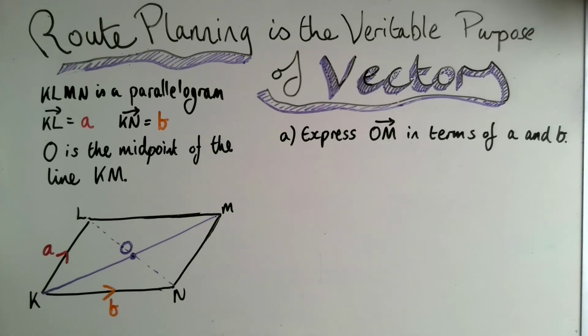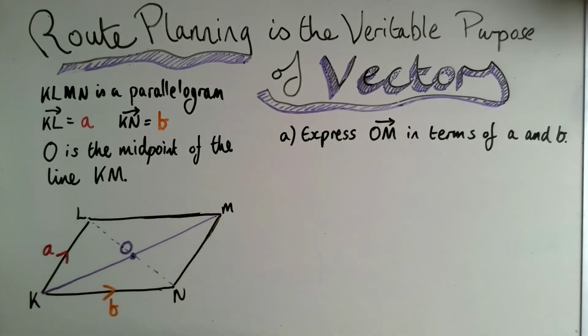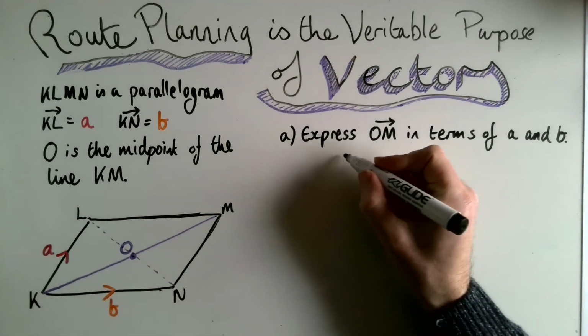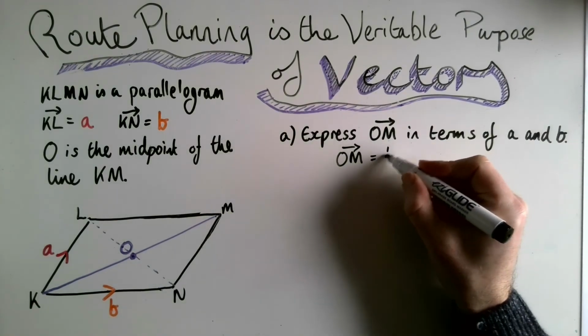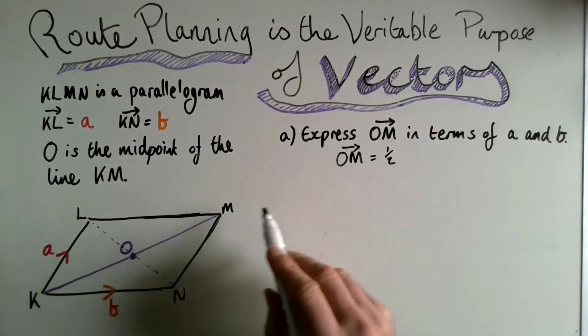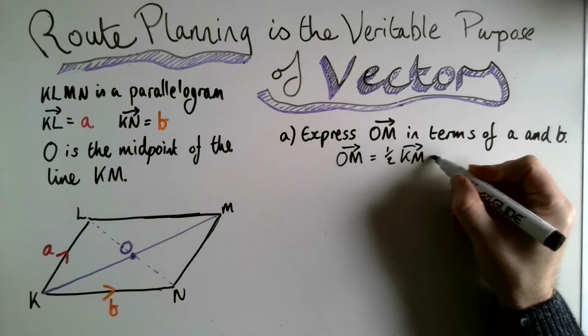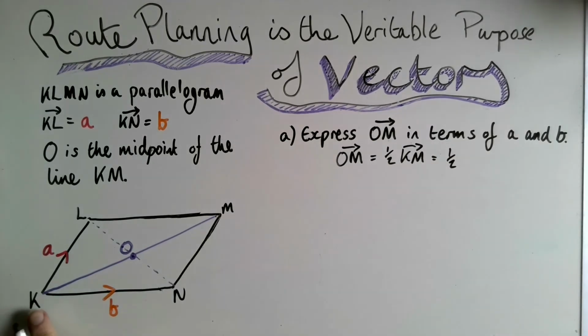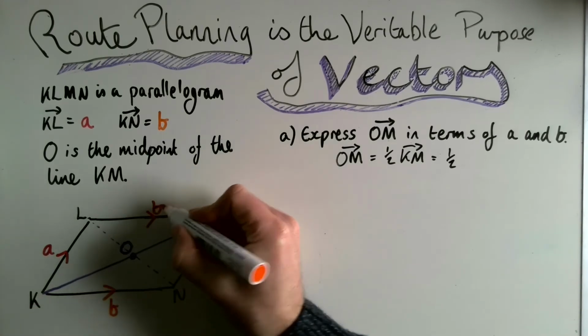Now, how do we get from the midpoint? Well, the midpoint is going to be half the distance across, isn't it? So OM is going to be half of KM, isn't it? So it's going to be half of KM, going along A, and that's B on my thing.